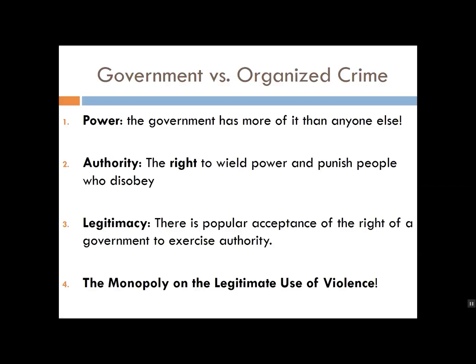The third defining characteristic of governments is related to authority. Governments have more legitimacy than anyone else. To have legitimacy is to have popular recognition of your authority, popular recognition of your right to use coercive power. It's not enough to have authority. You also need people to acknowledge that authority.